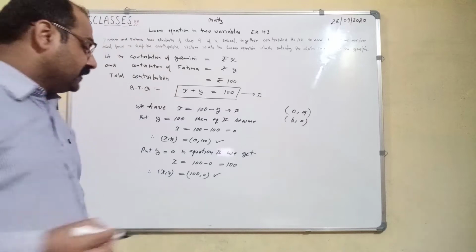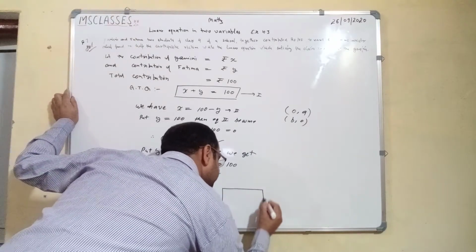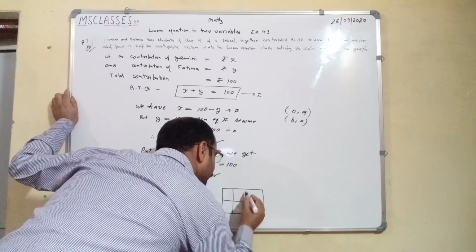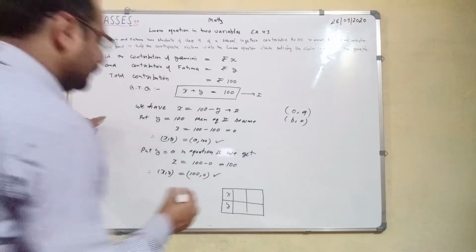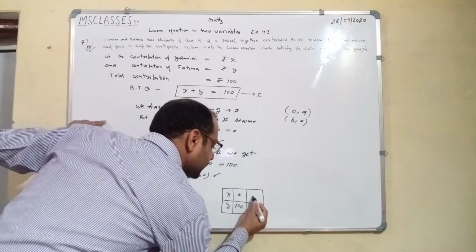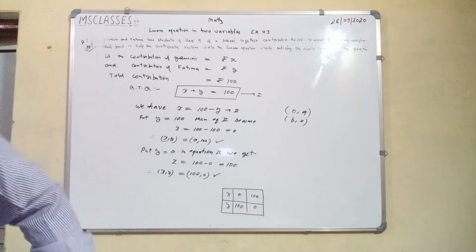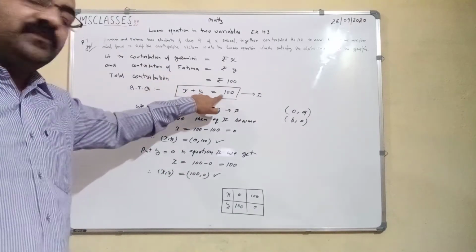These are the coordinates. So we have to make a chart. We have only two values of X and Y. Your first is 0 comma 100, this is the first coordinate, and the second is 100 comma 0. So guys, we have these two coordinates from the linear equation x plus y is equal to 100.